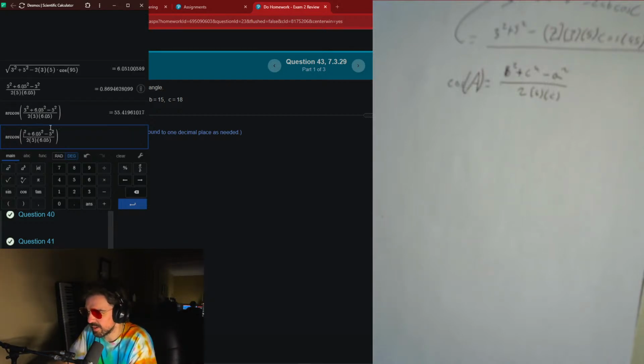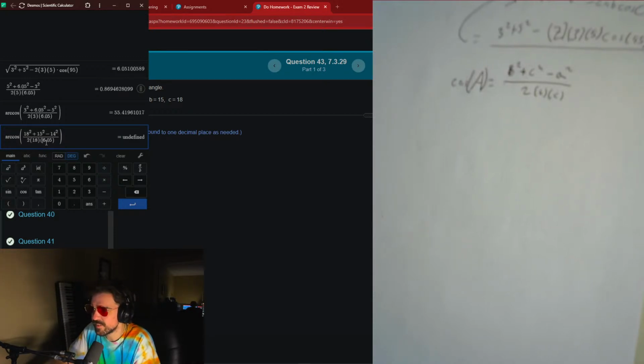God, I love the law of cosines. It's so chill. First one we're finding is A, so I gotta put that one as 18. 14 is A. And this is 18 and 15. So freaking easy, dude.